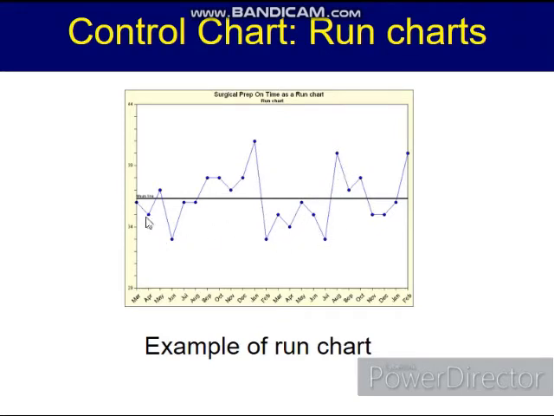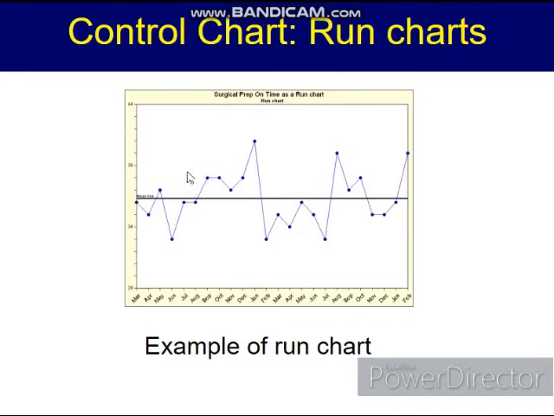You can see some fluctuation up and down, and maybe also some trend, where the preparation time seems to peak in the January timeframe. So there are some interpretations that you can make with regard to the run chart.